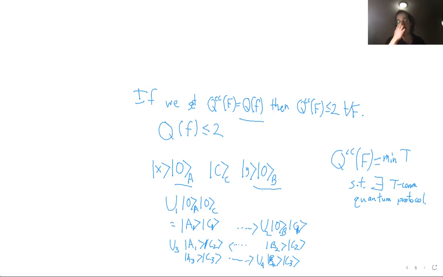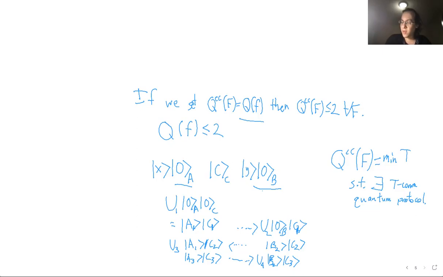Here the intuition is, again, Alice and Bob got together to agree on the strategy in advance. They met and they agreed on the strategy, and then they got separated, and then they got their inputs. So if they met and agreed on the strategy, why not share entanglement? They can meet, share entanglement, then get separated and receive their input after that.